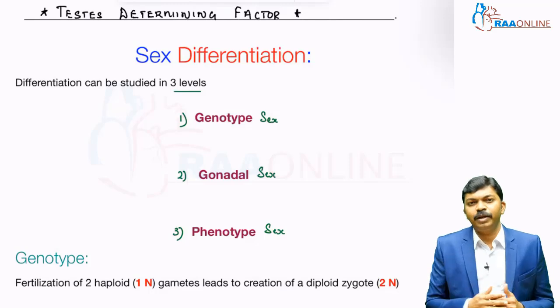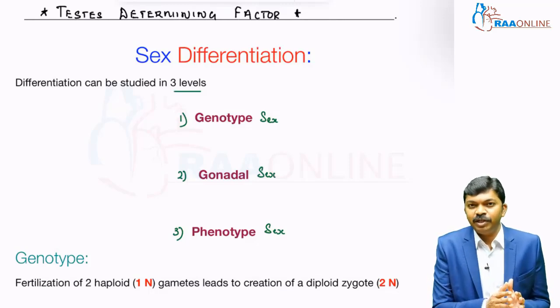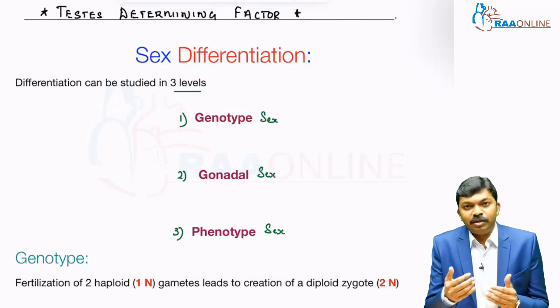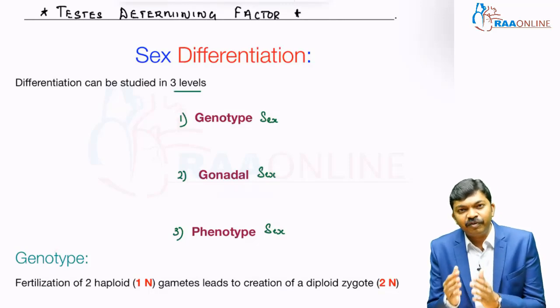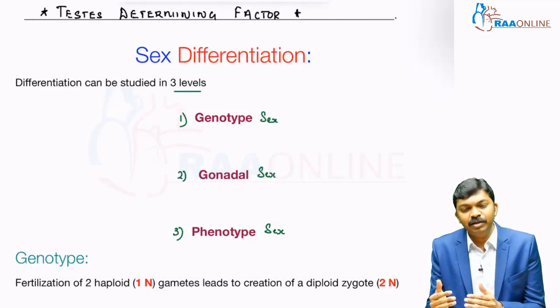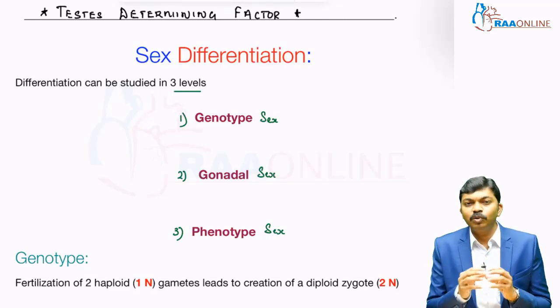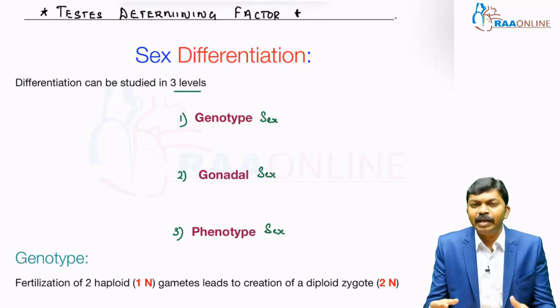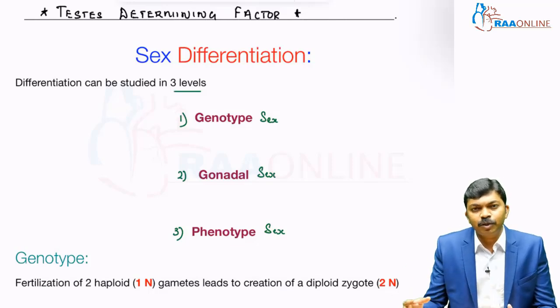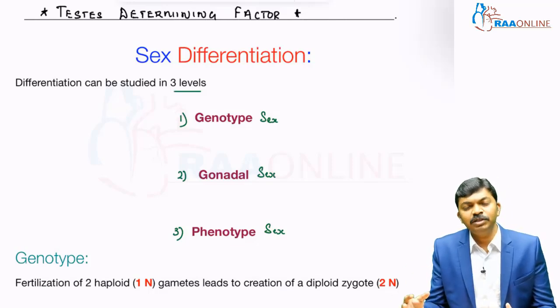We just discussed, right? If someone has got an SRY gene, that SRY gene is going to produce a factor called the testis determining factor, and this testis determining factor is going to promote growth of the gonad into a male kind of gonad, and all the hormones are going to be male pattern of hormones, isn't it?